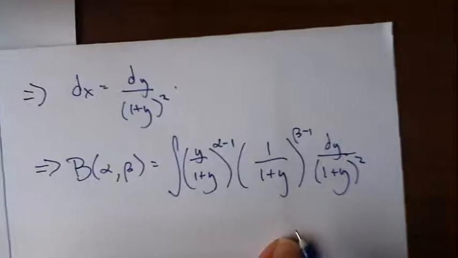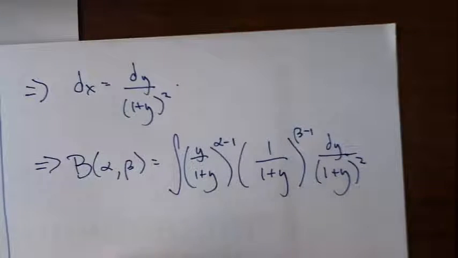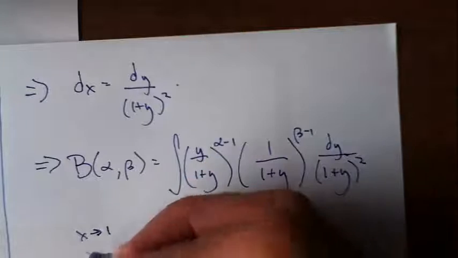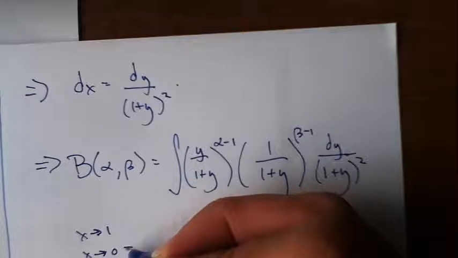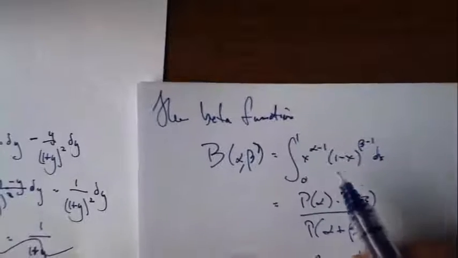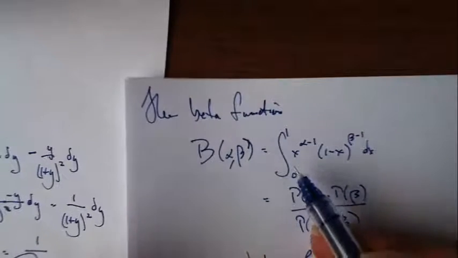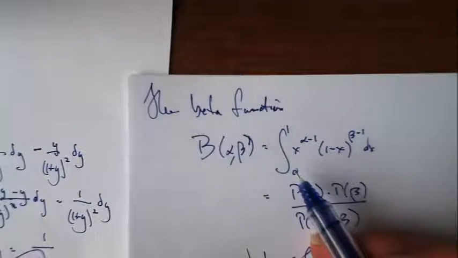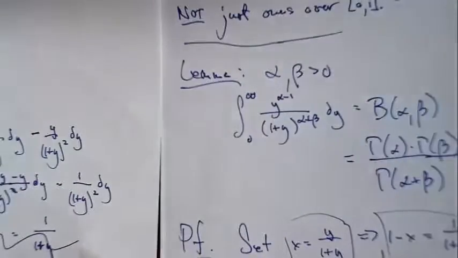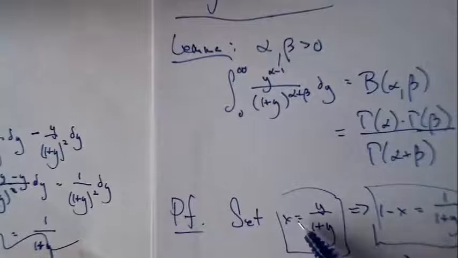Okay, now we need to make sure that we get these limits correct. So what happens as x goes to 0? Over here, these are the limits of integration, right? So as x goes down to 0, what's happening to y? X goes to 0 as y goes to 0, and vice versa, right?